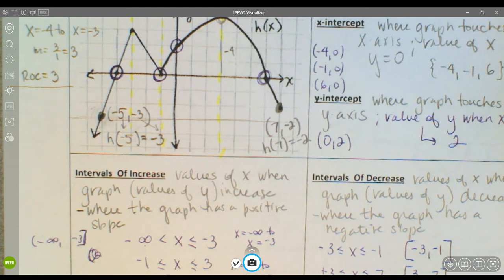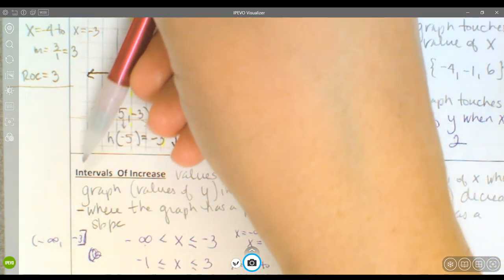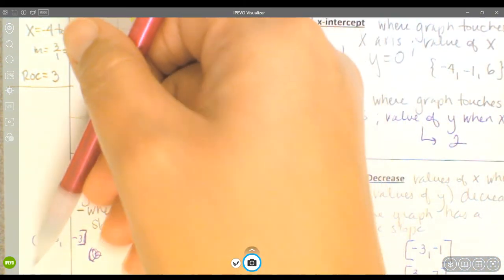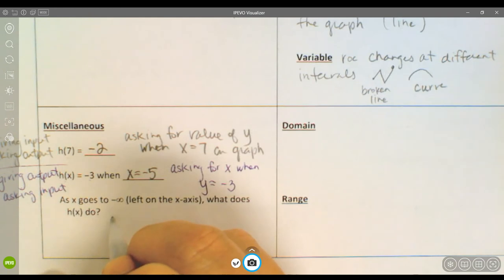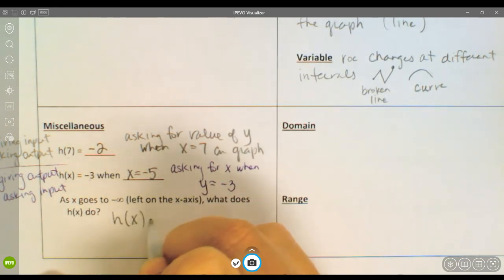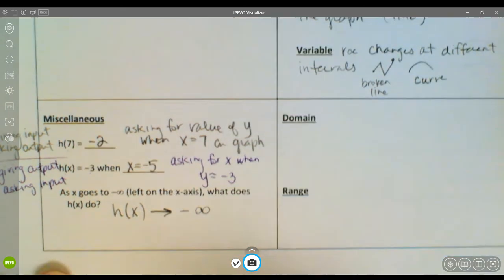As the x coordinate gets smaller, decreasing, what's happening to the y coordinate? Well, the y coordinate is also decreasing because as we're going further left, we're going further down. My y coordinates also get smaller. So as x goes to -infinity, h of x goes to -infinity also.